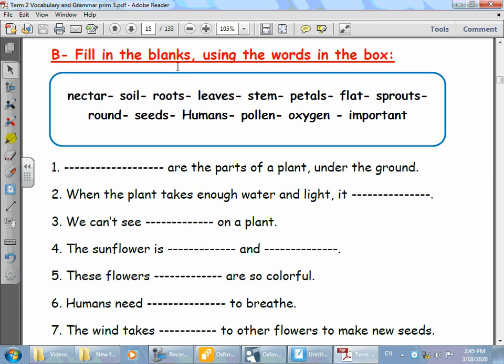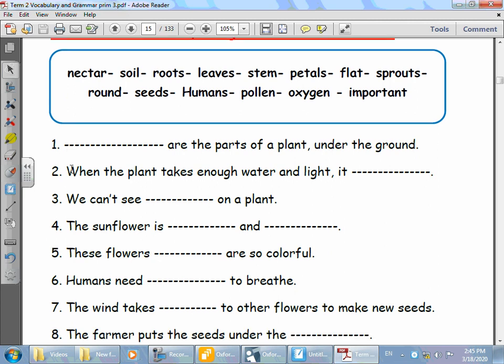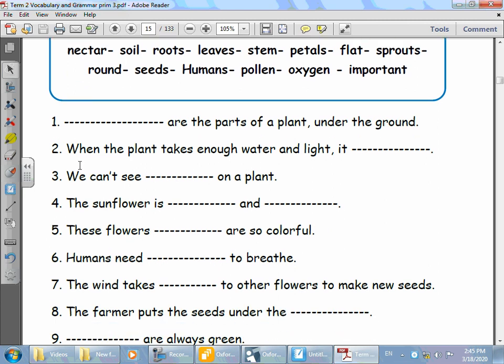Okay, so let's check the answers. Here, number 1, what are the parts of a plant under the ground? Excellent, very good. The roots. And here it's at the beginning of the sentence, so you need to write it in a capital letter. Okay, so roots, you will write it in a capital letter. Okay, number 2.